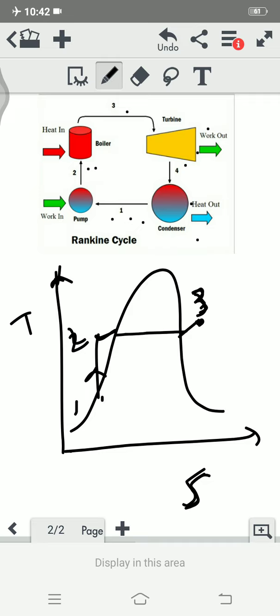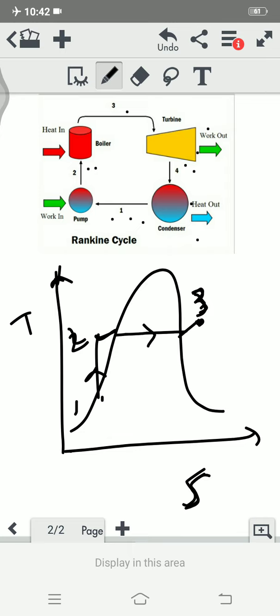So here is process 1 to 2, the isentropic compression process. Process 2 to 3 is a constant pressure heat addition in which liquid water is converted into steam. This is our state number 3. Now the 3 to 4 process is an expansion process, an isentropic expansion process, so the entropy remains constant.